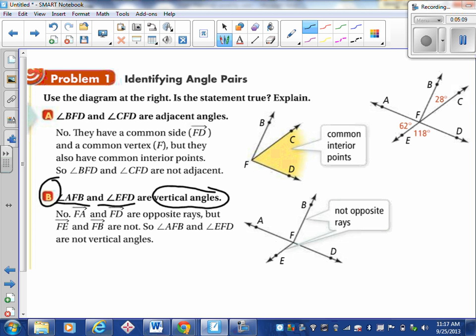If I draw that in there, angle AFB and angle EFD are vertical angles. That would be a no. Are they adjacent angles? They're not adjacent angles.